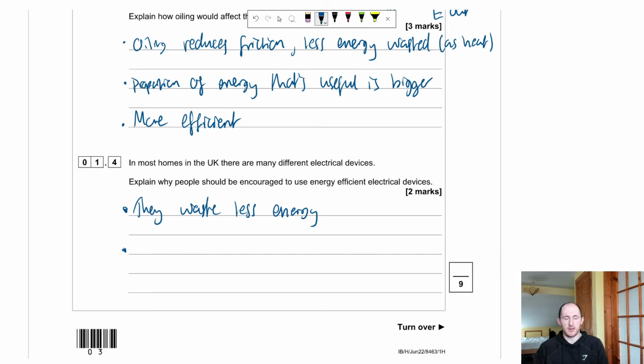Or you could say, minimize the environmental impact, whatever you want to say. But in short, it does minimize the energy demand or lowers energy demand, okay? Anything that means that. So lowers the energy demand, it's more environmentally friendly, less power needed, anything along those lines would all give you the mark in this case.